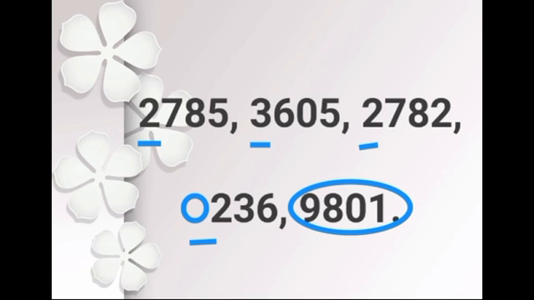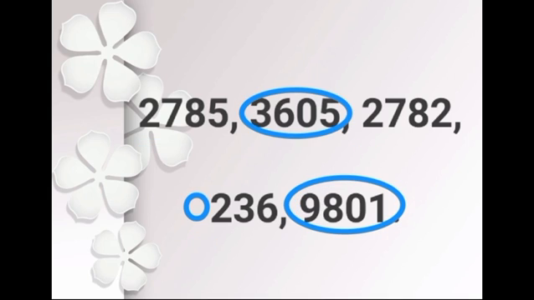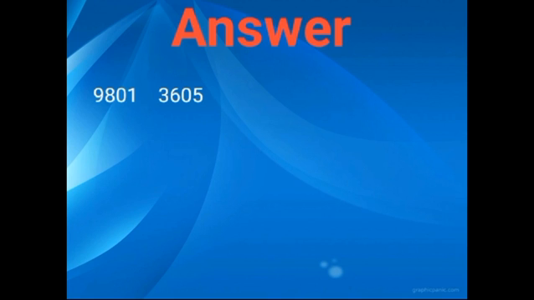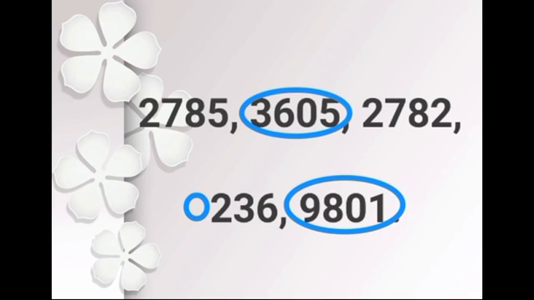Next, we compare the remaining 4 numbers. Dears, which is the bigger number in the thousands place? Yes, 3. So, the second number is 3605. Next, compare the remaining 3 numbers. Which is the bigger number in the thousands place? Yes, 2.